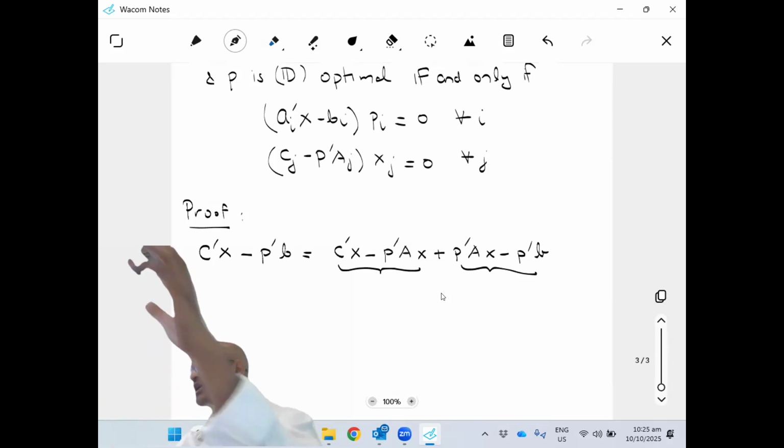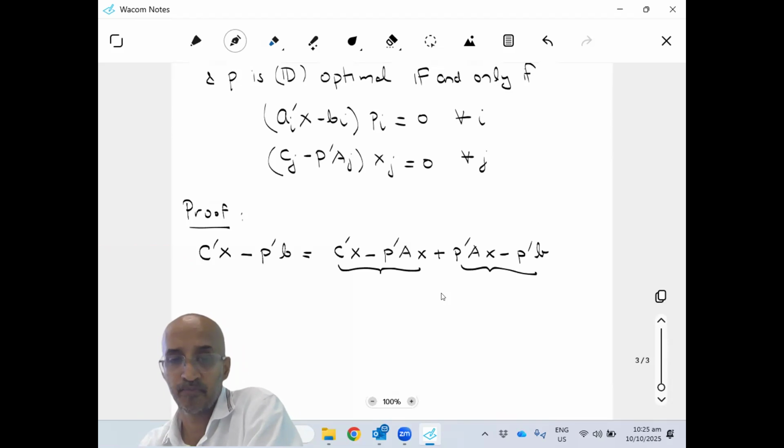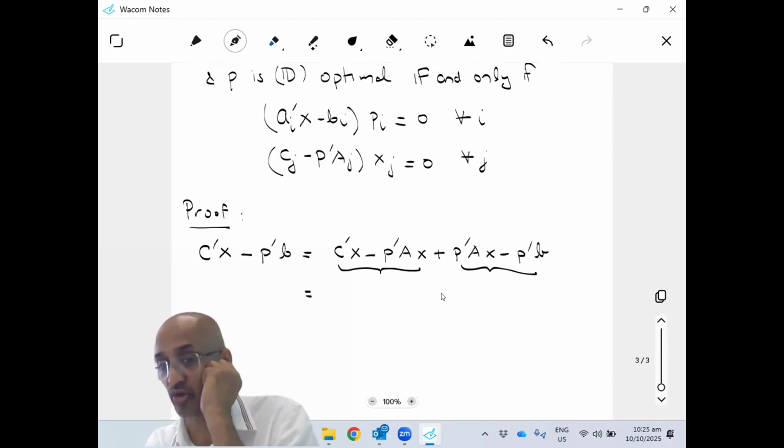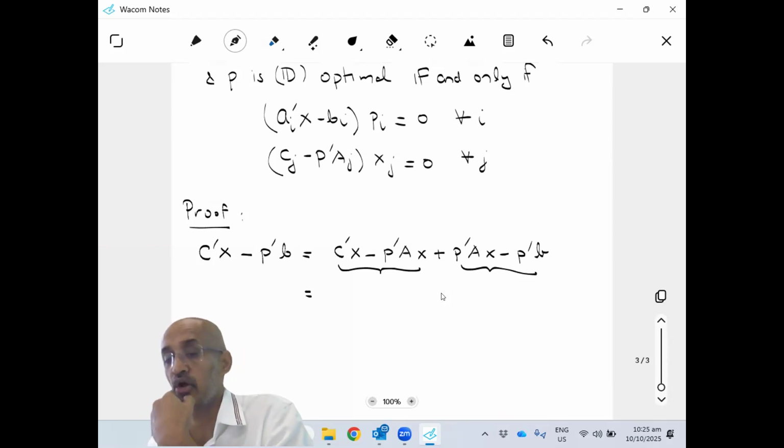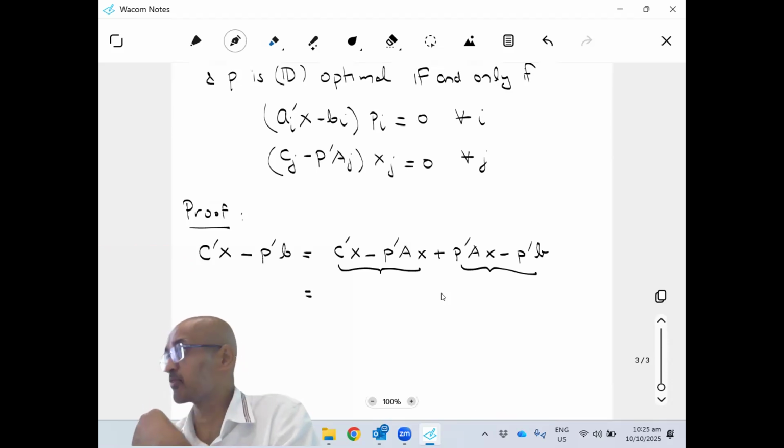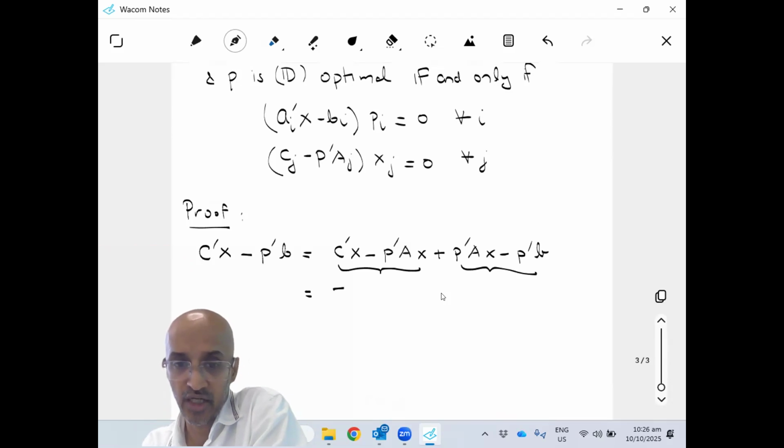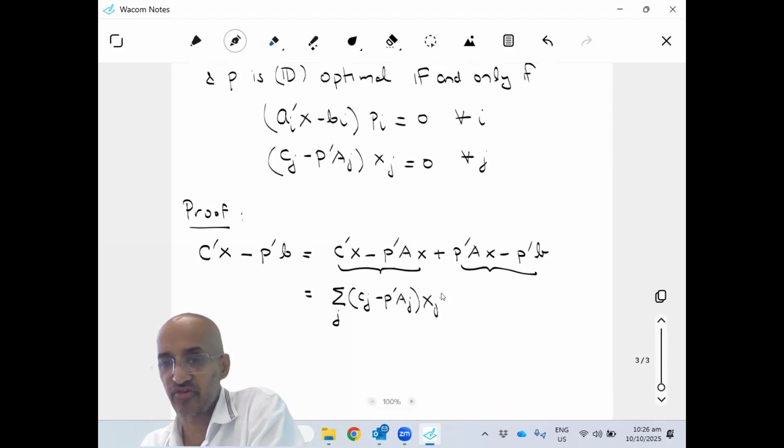So I'm just adding and subtracting the same thing. Now, if I go from these vector matrix products to the explicit forms, here I would have summation J. This is the first term, and this is the second term.